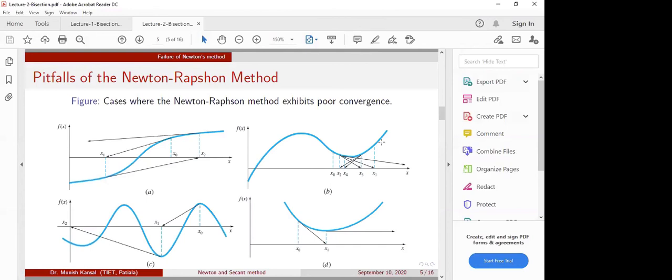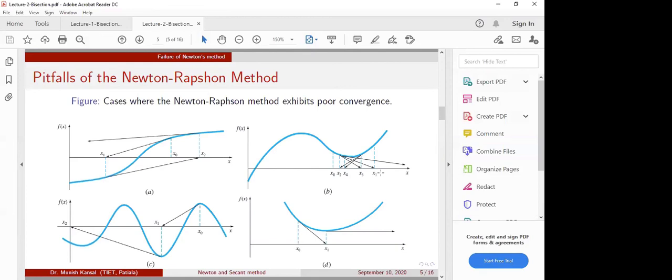Similarly, in the second case, if you start from this initial approximation x0, then you get x1, then again you get x2, then x3, x4, like this. You see that the iterations are just repeating, right? Once you get answer 1, then -1, then 1, then -1, like this, right?